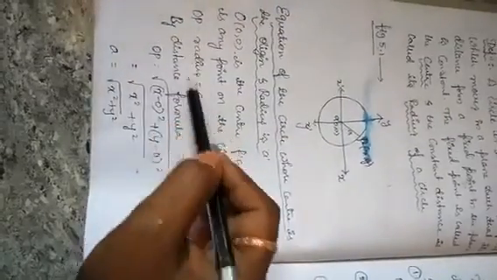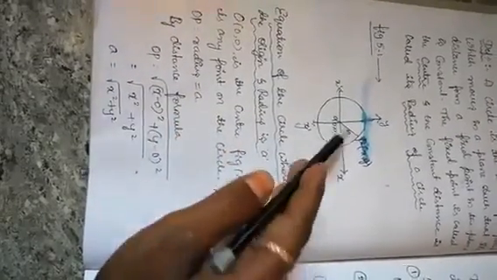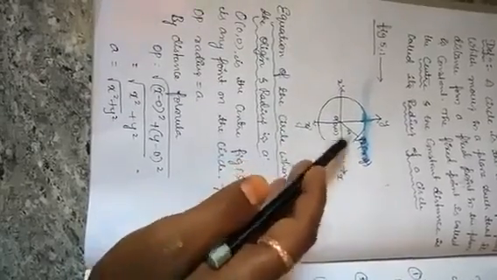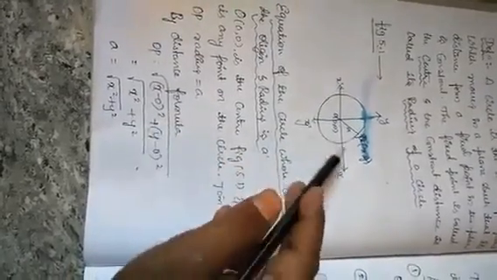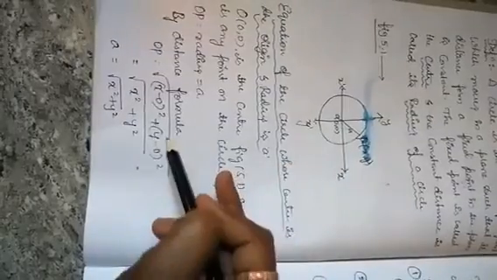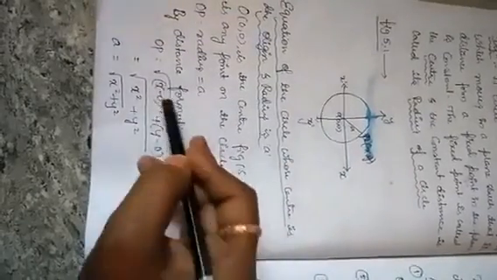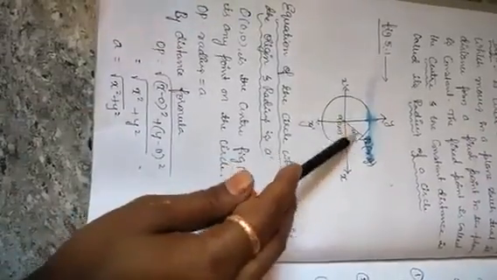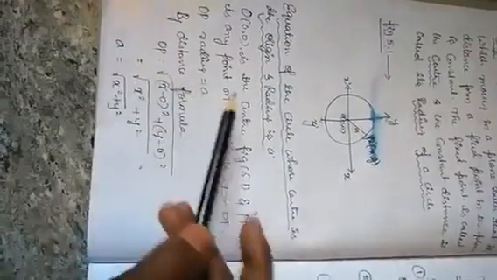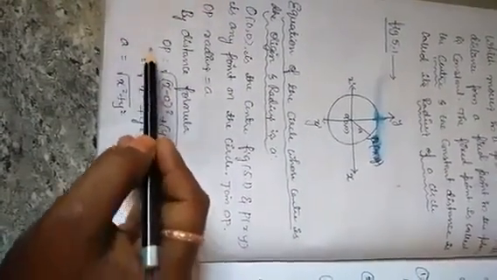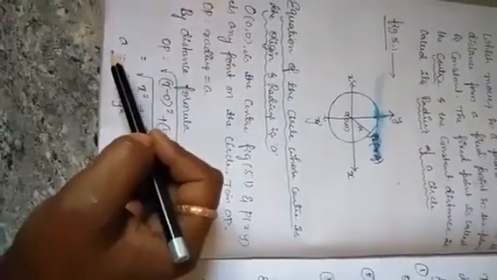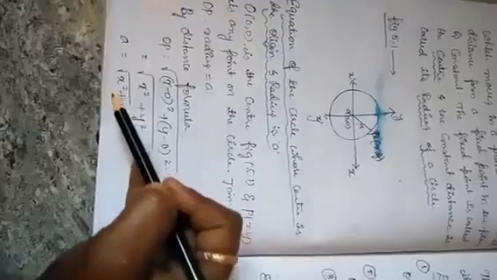So by the distance formula, OP is equal to the square root of x minus 0 whole square plus y minus 0 whole square. Finally we get OP equals a, that is the radius of the circle, so a equals the root over x square plus y square.